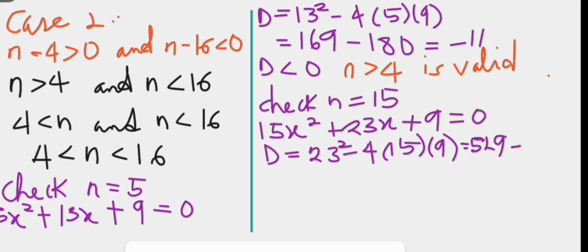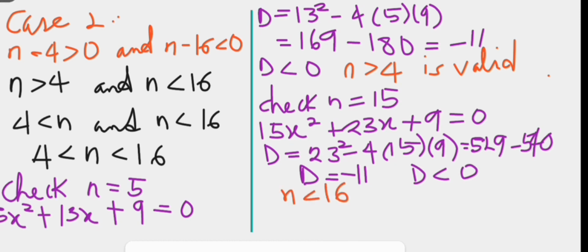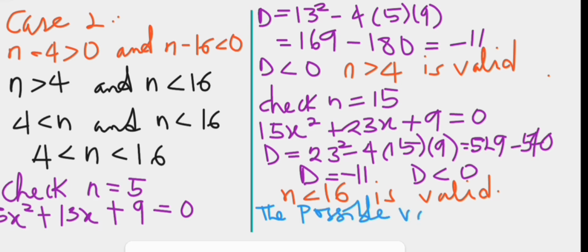And the other product for 15 and 9 is 540. Again, this is a negative value where D is equal to negative 11. That is, D is less than 0 or negative, meaning that n less than 16 is another valid solution. Therefore, the possible values of n lie in the range 4 less than n less than 16.